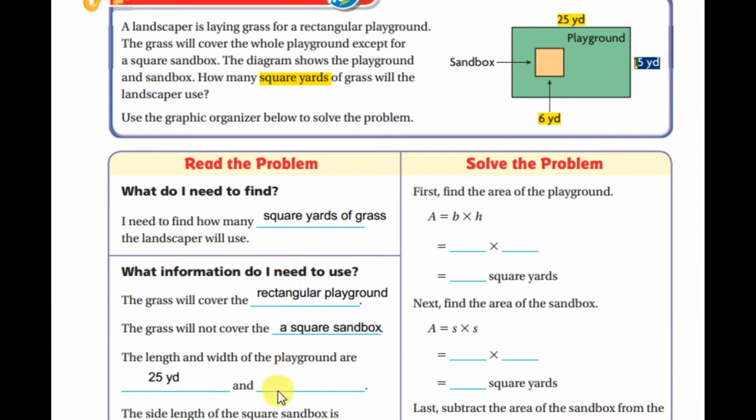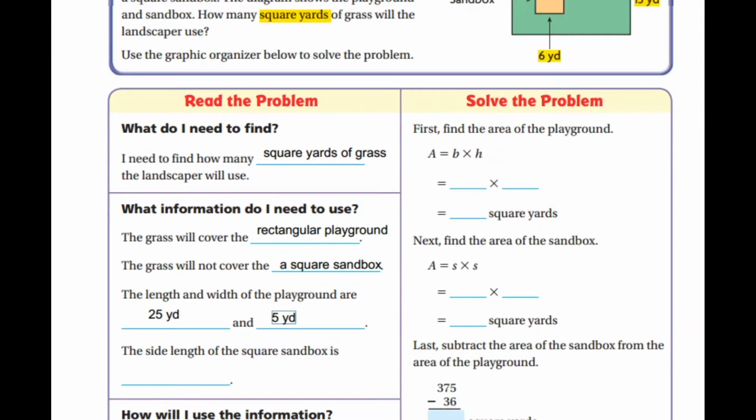So everything here is put in detail. And the length of the square is 6 yards each side. Oh, sorry, this is 15, should not be 5. Okay.